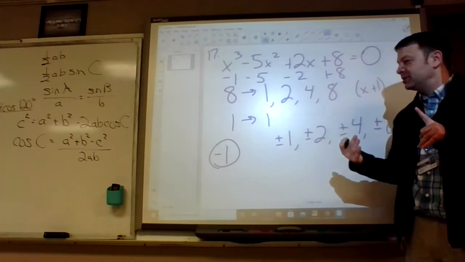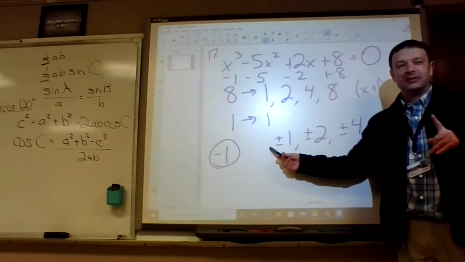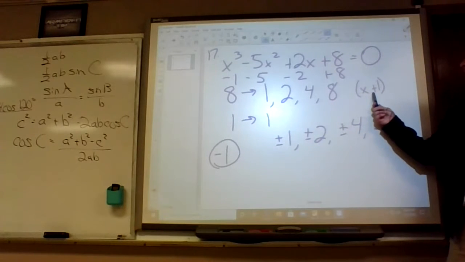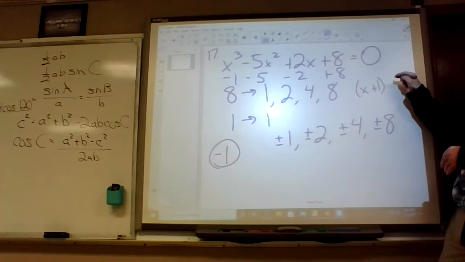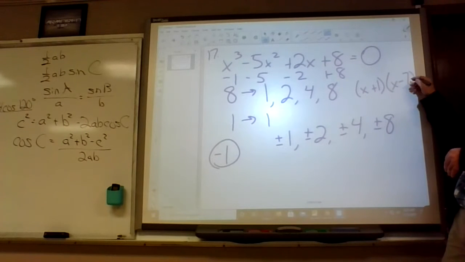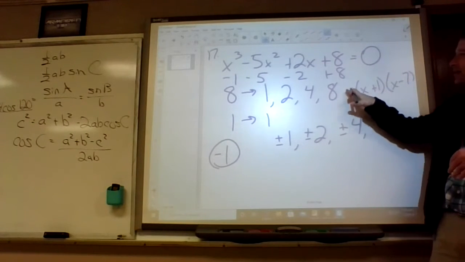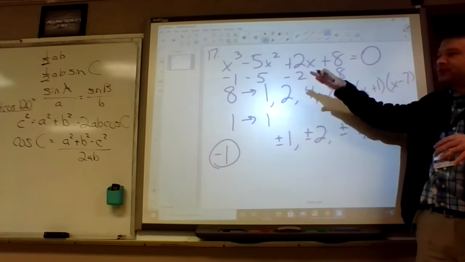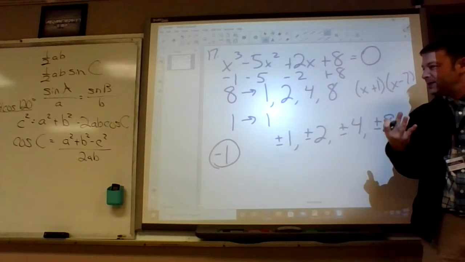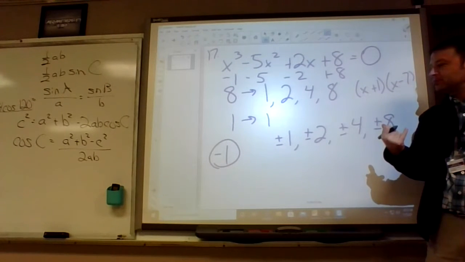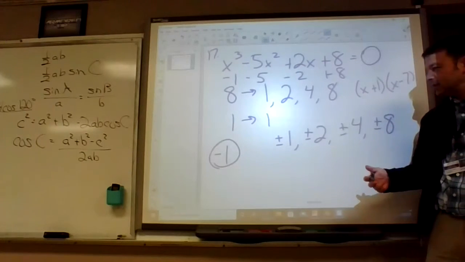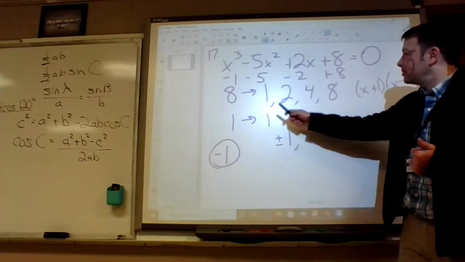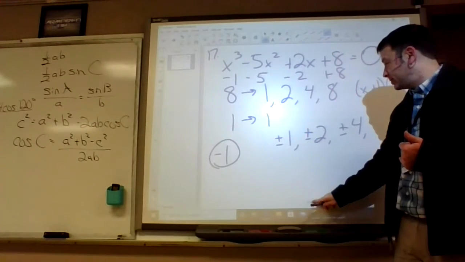So our thing in the box would be minus 1. Alright, so I need these coefficients: 1, minus 5, 2, and 8.